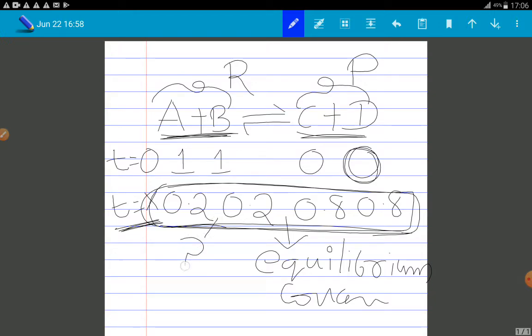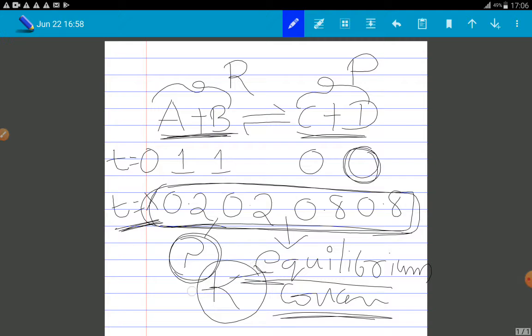Sometimes we are not able to find out the equilibrium concentrations directly, so we can find them by using the equilibrium constant K. How to get them using K is our third application.